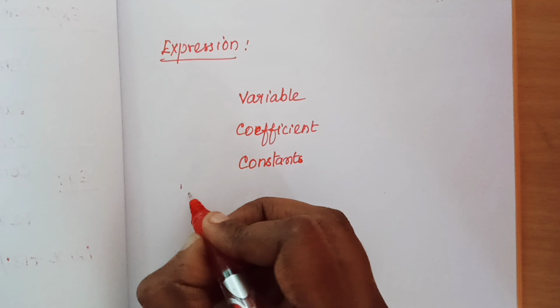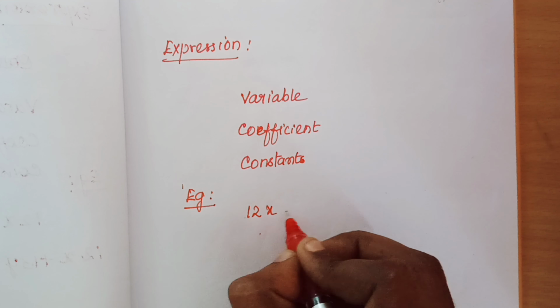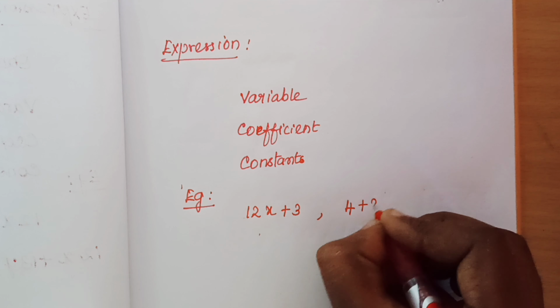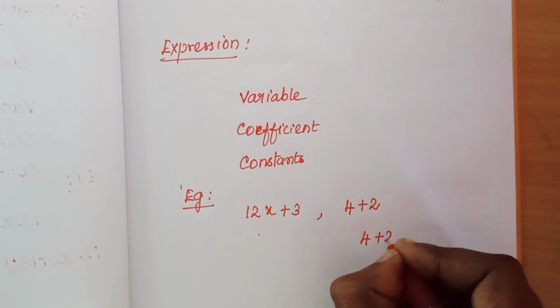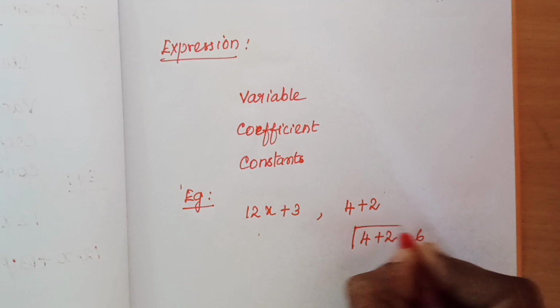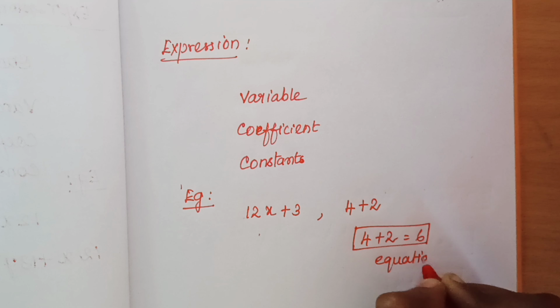I'll give you an example for expression. 12x plus 3 is an expression. Then 4 plus 2 is an expression. For example, 4 plus 2 is equal to 6. You all know, this is called an equation.